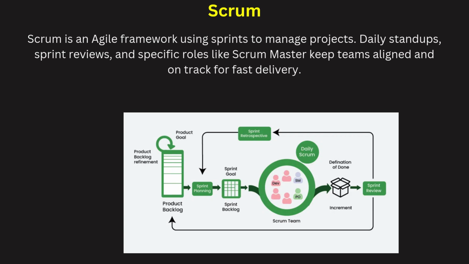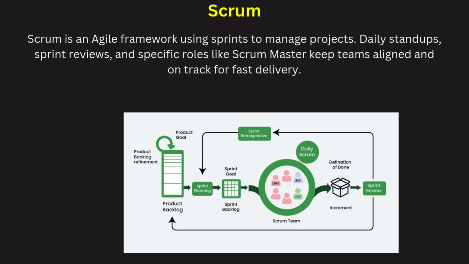Scrum is a subset of Agile, and it structures the work into sprints, which are time boxed periods, usually 2 to 4 weeks. At the end of each sprint, a working piece of software is delivered. Scrum emphasizes roles like product owner, Scrum master, and the development team members, each having specific responsibilities.